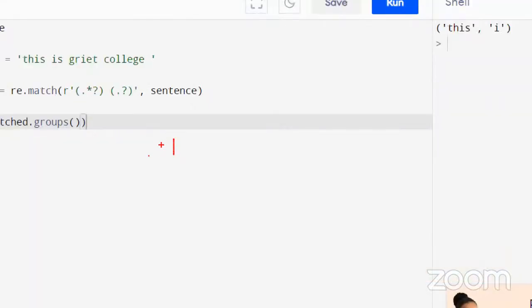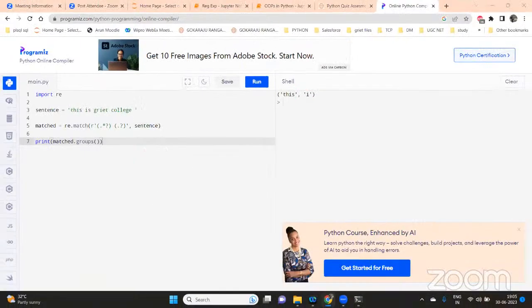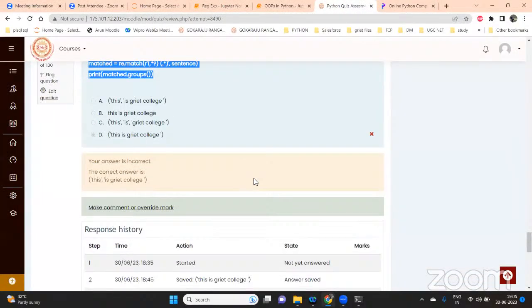Previously we had combined with star, right? Now it is just dot and question mark, so it is giving me only I as the output. One character. Why one character? Because what is the rule for the question mark? Either 0 or 1 character. Star means it will try to find all the characters. So it is returning only the first character after this keyword. This kind of example will help you to understand the concepts in a better way.